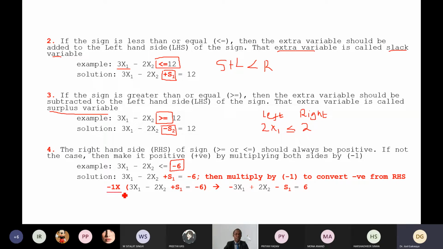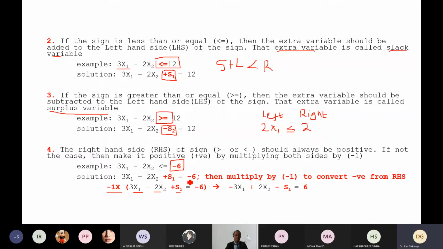Minus 1 multiplied by 3x1 minus 2x2 plus s1 equal to minus 6. So the answer is minus 3x1 plus 2x2 minus s1 equal to 6. You see, we converted the right side into positive because the rules say it should always be positive.